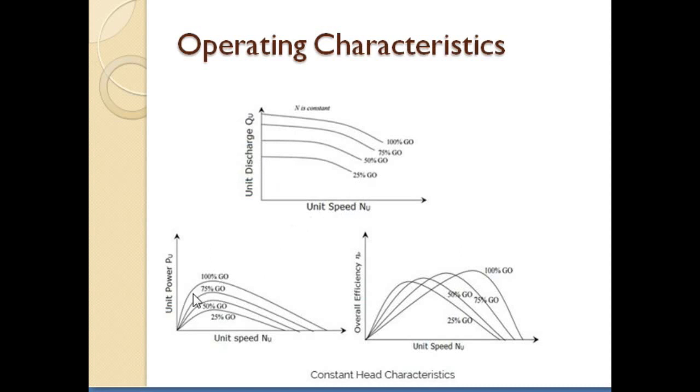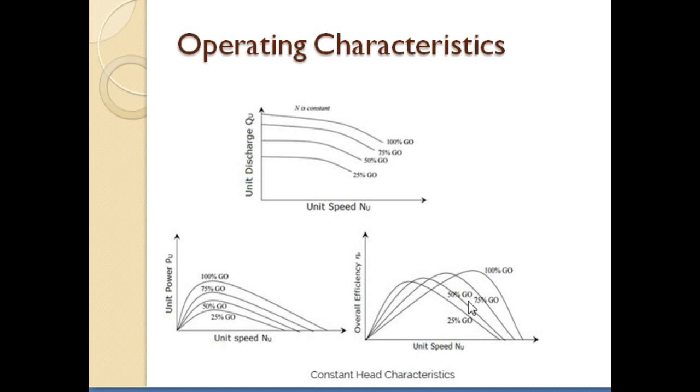In the same way, the unit power is also more if you run the turbine at 100% speed, and with unit speed value, the power gradually comes down after reaching some peak value. Then in the case of efficiency also, after the peak value it is coming down, because usually turbomachines, if they are off the design condition, the performance will drop.